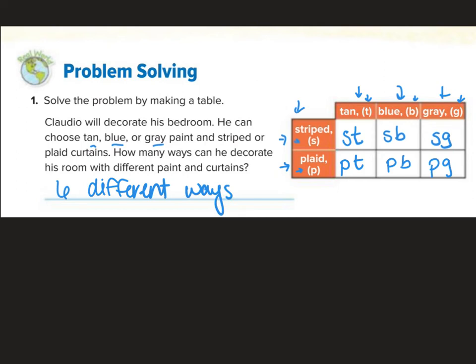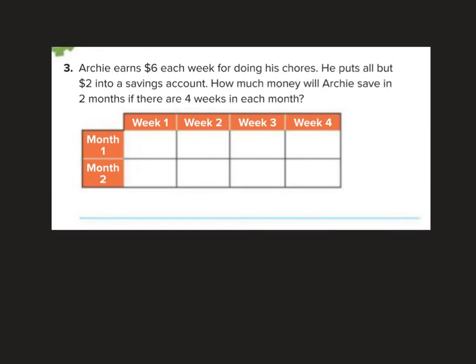All right, I've got one more for you. Archie earns $6 each week for doing his chores. He puts all but $2 into a savings account. How much money will Archie save in 2 months if there are 4 weeks in each month? So he earns $6. He puts all except $2 into his savings.